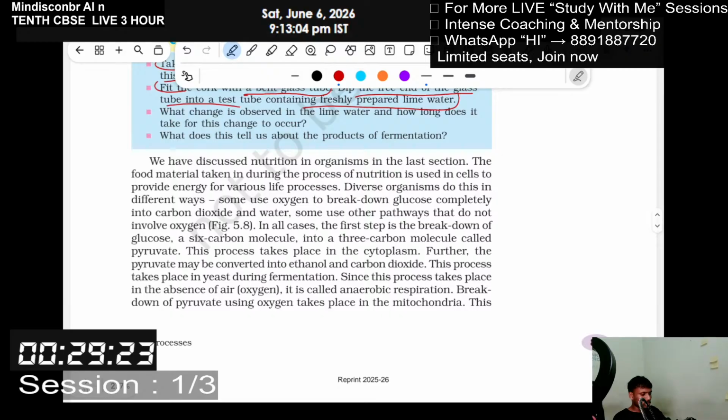How can I show that? Okay, this is a glass containing fruit juice. This fruit juice is there, and we are pouring some yeast into the fruit juice or sugar solution, and we are closing this jar or test tube.